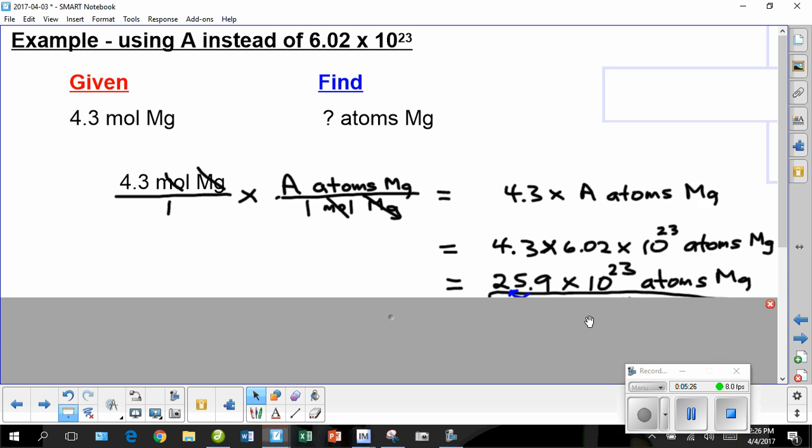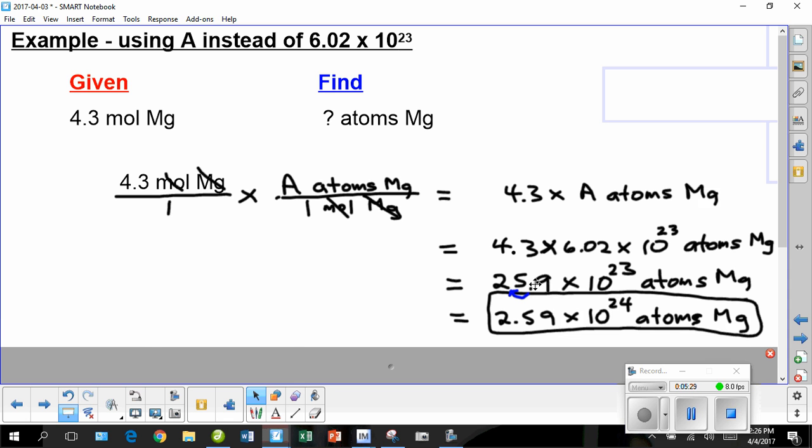And that's atoms of magnesium. When we change this back into scientific notation, we have 2.59. Having moved the decimal to the left, we have to bump this up, and that makes 10 to the 24. How are we doing?